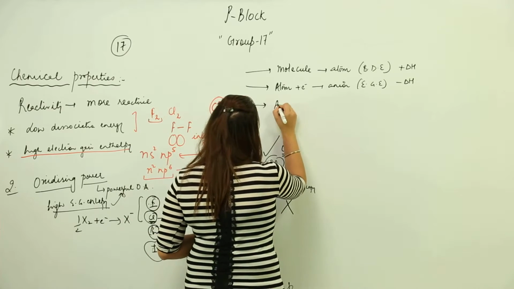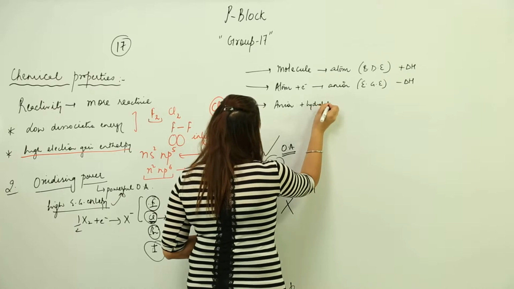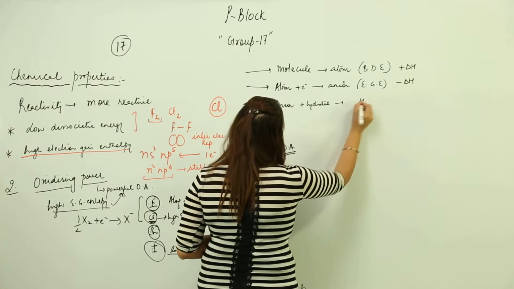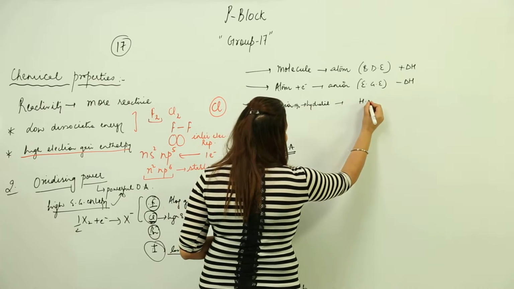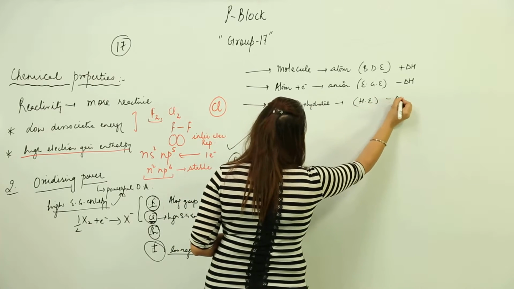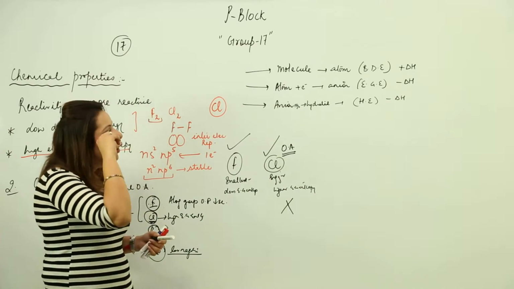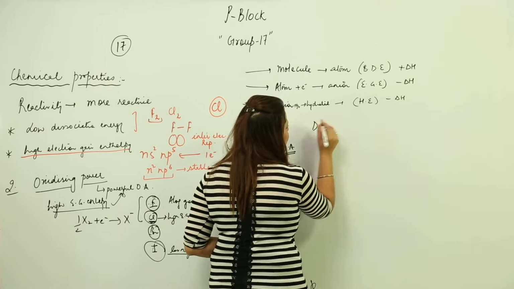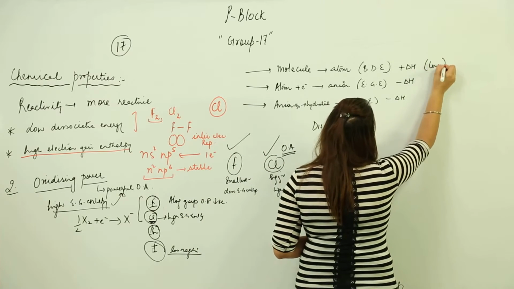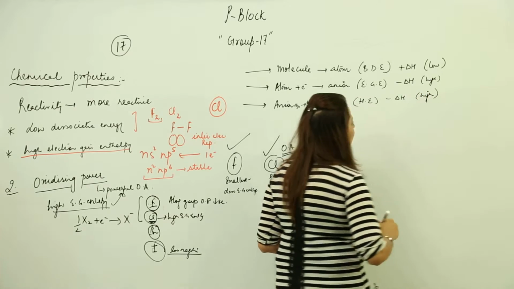Then this anion gets hydrated in water, and it releases the hydration energy. Again it is being released. So oxidizing power is favored when the dissociation energy is low, and the electron gain enthalpy and hydration energy are high.